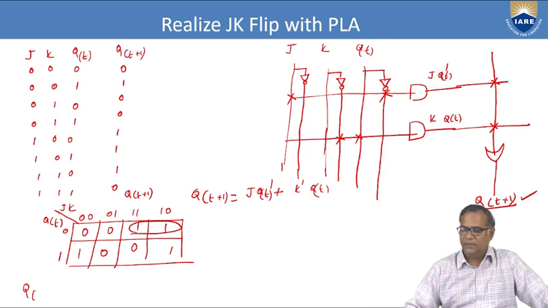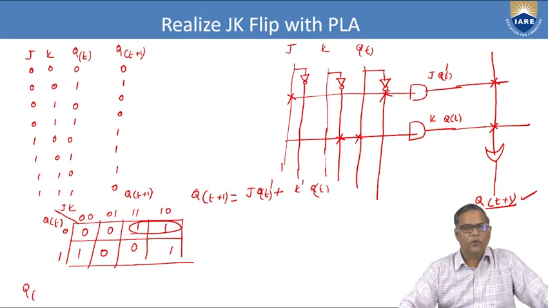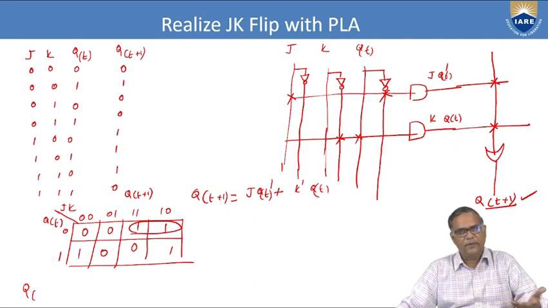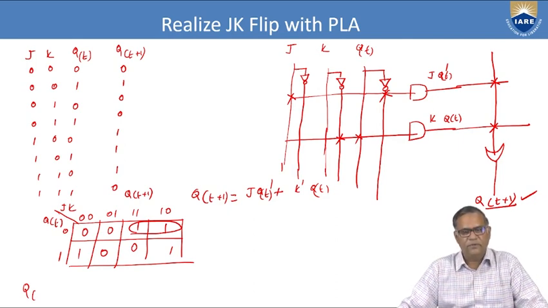And programmable logic array, you can realize it using PROM also. What is PROM? PROM contains fixed AND plane and programmable OR plane. So you can realize the JK flip-flop using the PROM also.